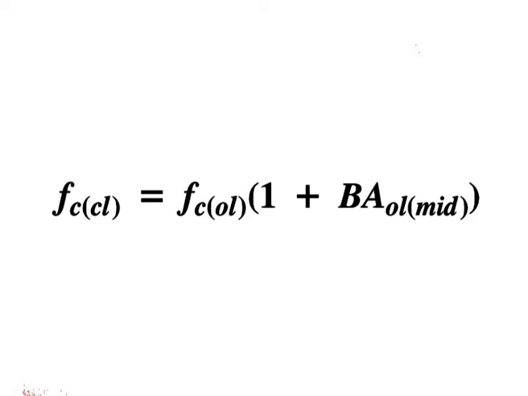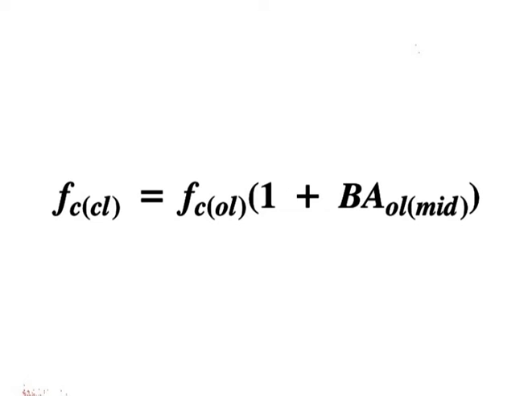Effect of negative feedback on bandwidth. You know how negative feedback affects the gain. Now you will learn how it affects the amplifier's bandwidth. The closed loop critical frequency of an op-amp is given by this equation, where FCCL is equal to FCOL times 1 plus B AOL mid.